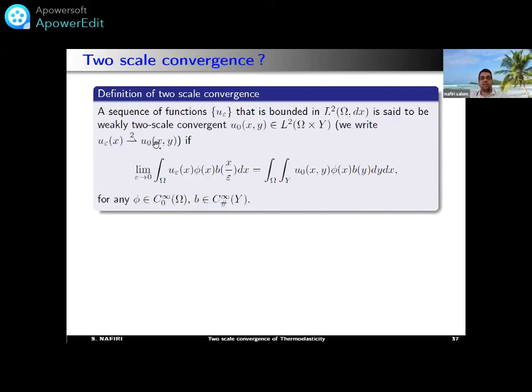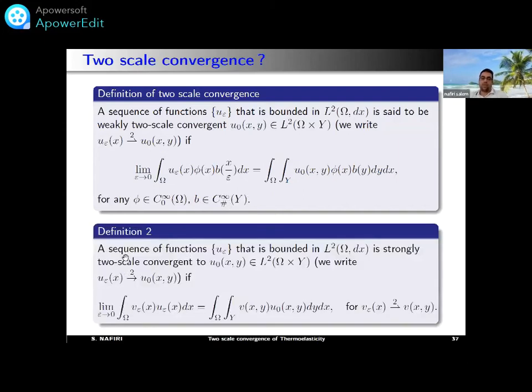We say that a sequence U epsilon which is bounded in L2 weakly two-scale converges to U0 in L2 of omega times Y, and we write U epsilon two-scale converges to U0, if we have this limit: the limit when epsilon goes to 0 of the integral over omega of U epsilon phi psi equals the integral over omega times Y of this expression. This is true for any phi in the set of test functions and psi in C infinity sharp of Y.